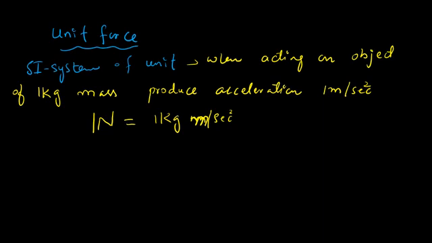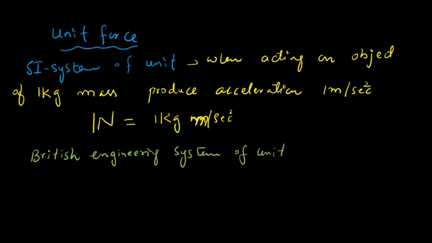Now there is another system of units, which is called the British engineering system of units. In the British engineering system of units, the unit of force is the pound.